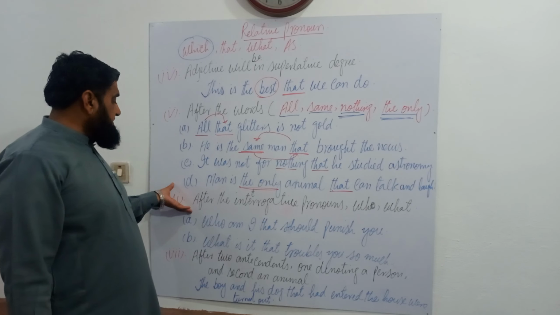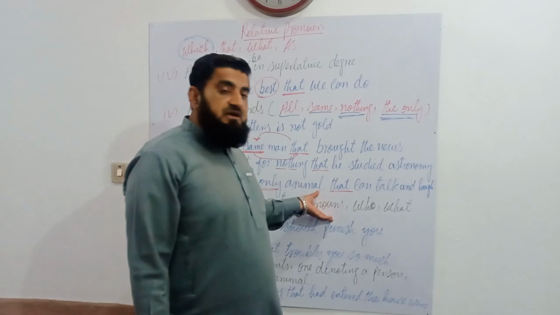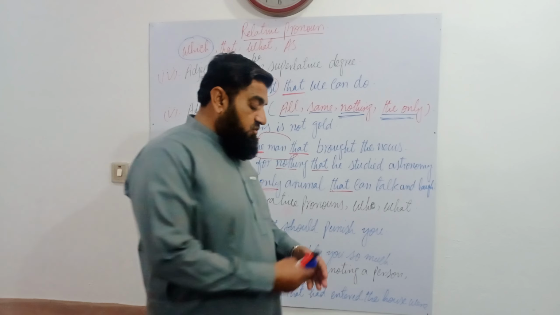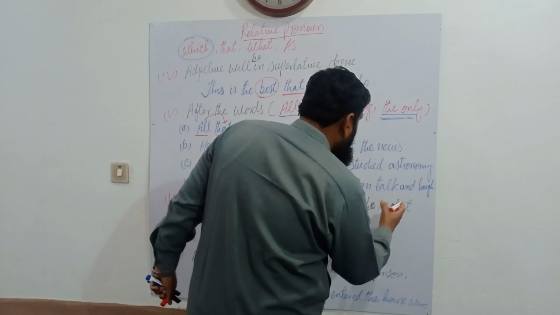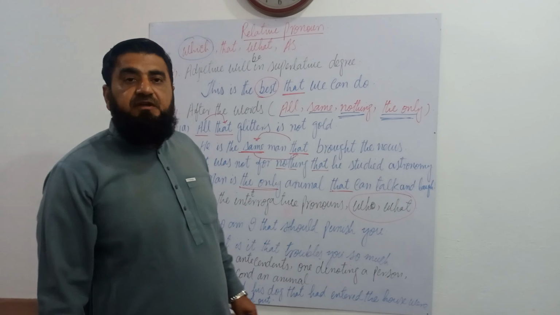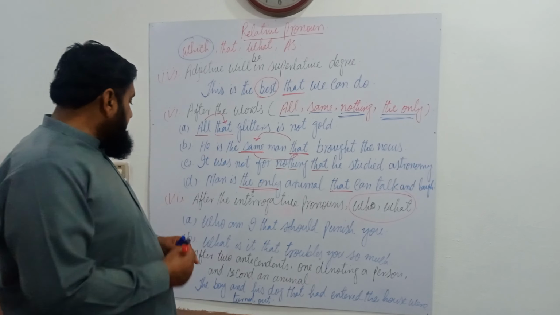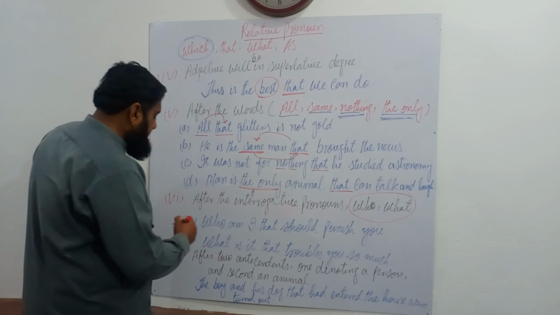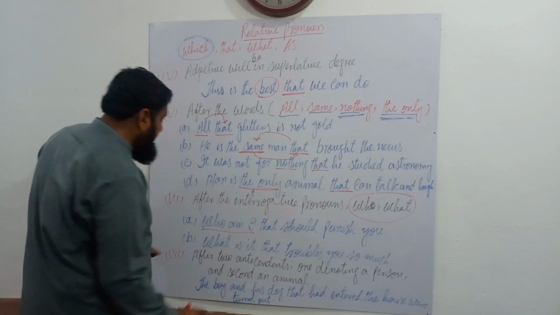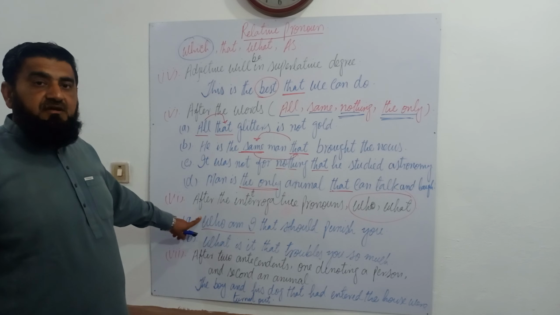And number 6, after the interrogative pronoun. When who or what is used as an interrogative pronoun, we will use that. For example, who am I? Just see, who is an interrogative pronoun here, not a relative pronoun.